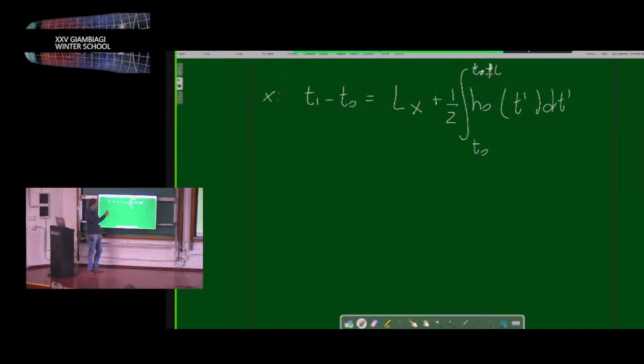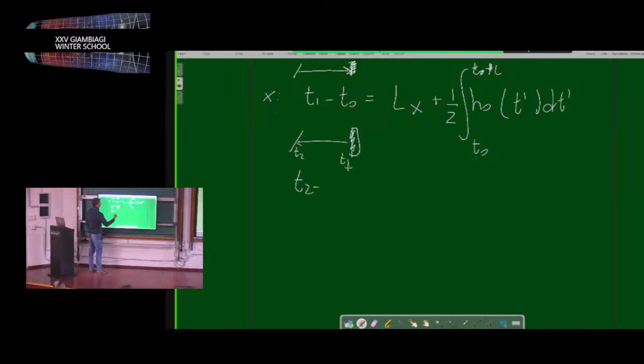So this is the path from the beam splitter to the mirror. The mirror is really heavy, because it doesn't have to recoil when the laser hits on it. And then there is the path from the mirror to the beam splitter, the path back. Then I have T2, the time when it arrives back at the beam splitter.